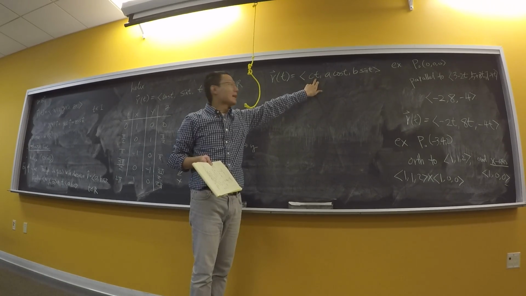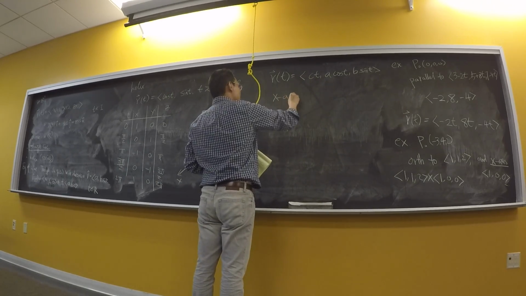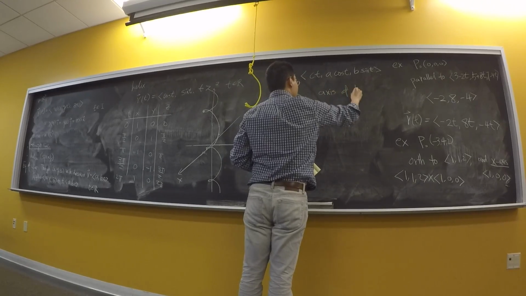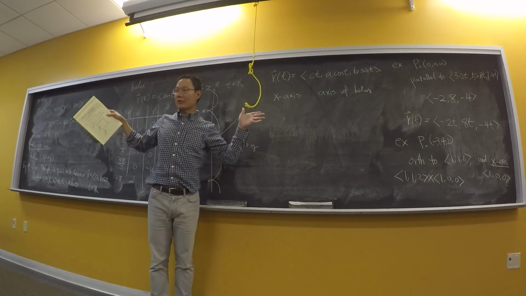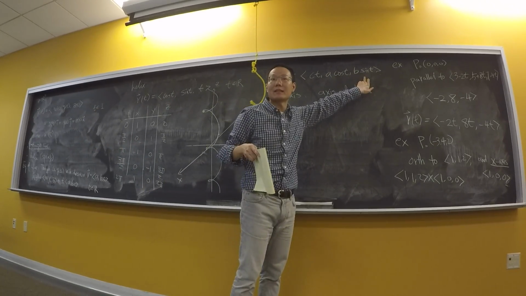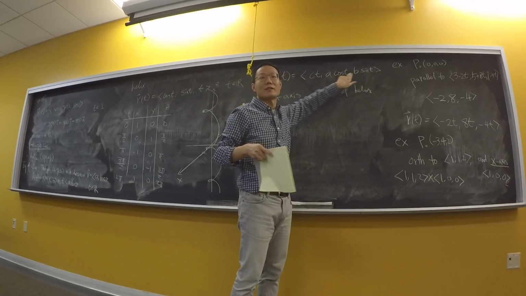So the x is the axis of the helix. And along this axis, if I squeeze everything back onto the y-z plane, I'm going to get the ellipse as we discussed before.